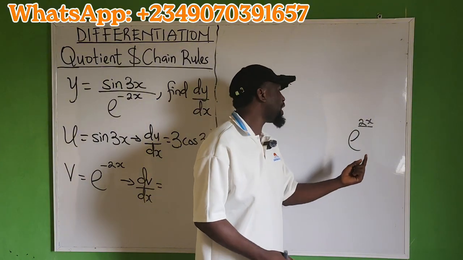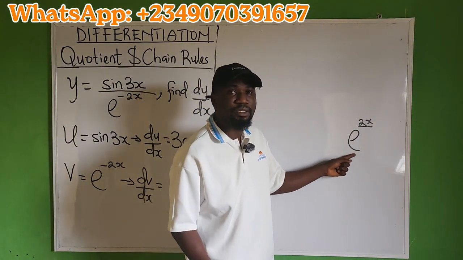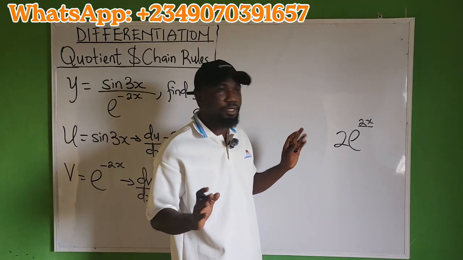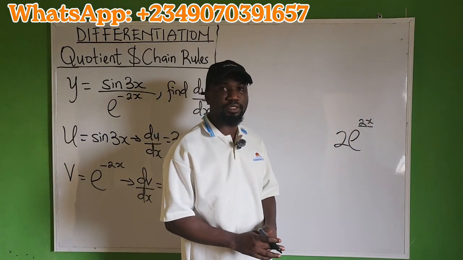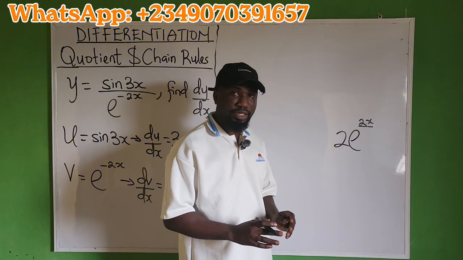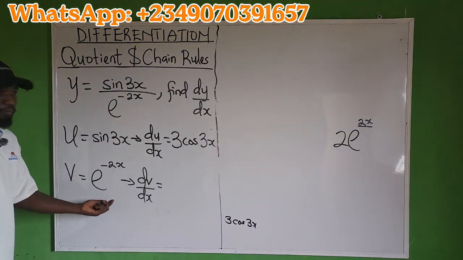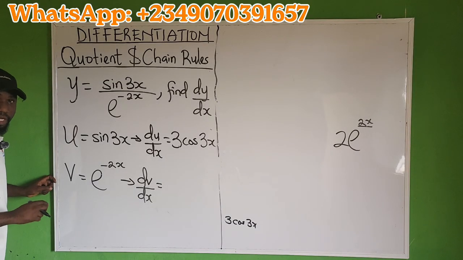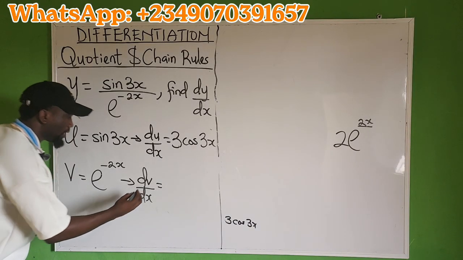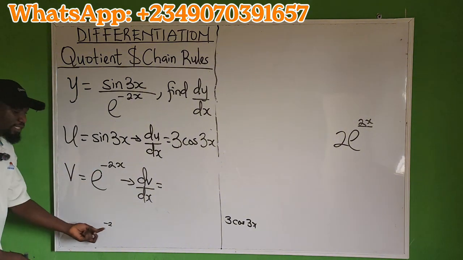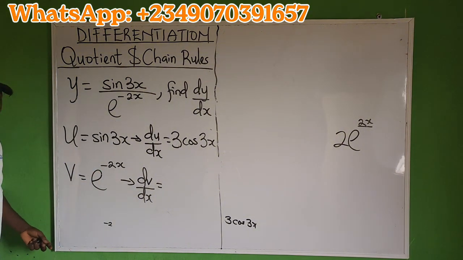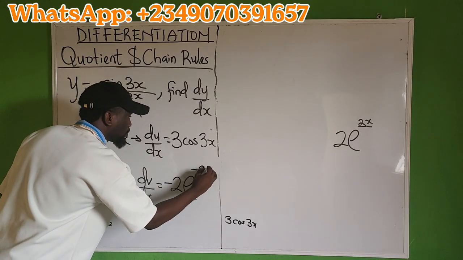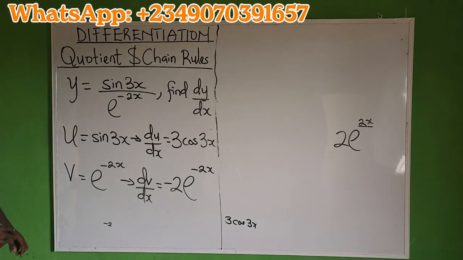So that 2, you are going to attach it to this function, and this will be your final answer. That's 2 exponential 2x. Do you understand? So that is what we are going to do here. Differentiate minus 2x. That will give us negative 2, right? So attach this negative 2 to this. So I'm going to have negative 2 exponential negative 2x. Do you get? All right.